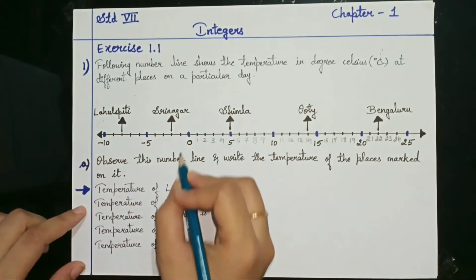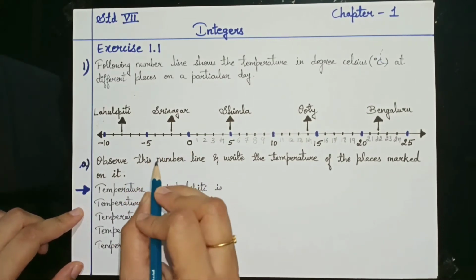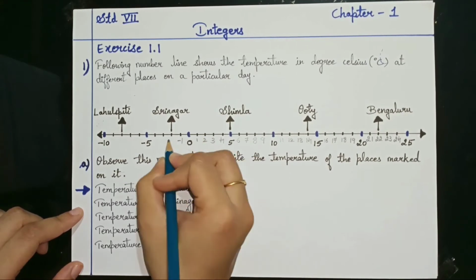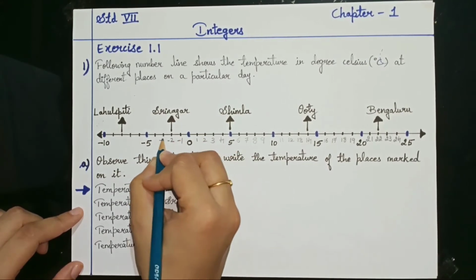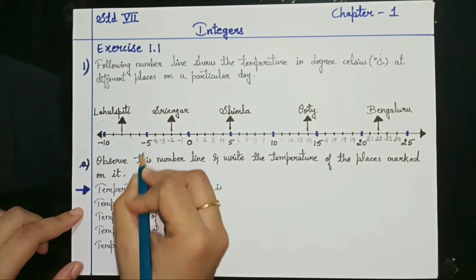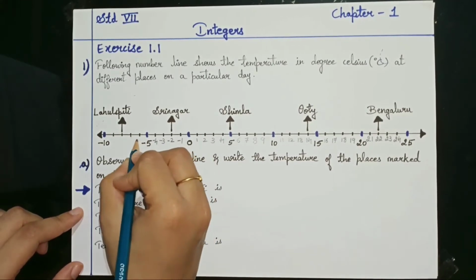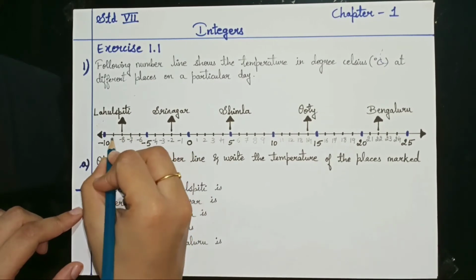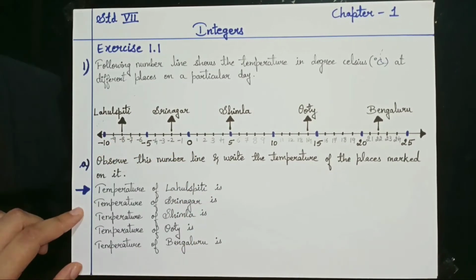Now on the left hand side I told you it will have all the negative integers. So starting with -1, -2, -3, -4, -5 is given, -6, -7, -8, -9 and then -10 is given.